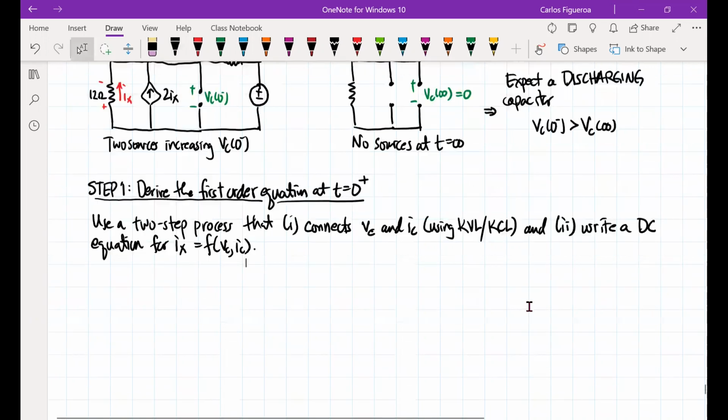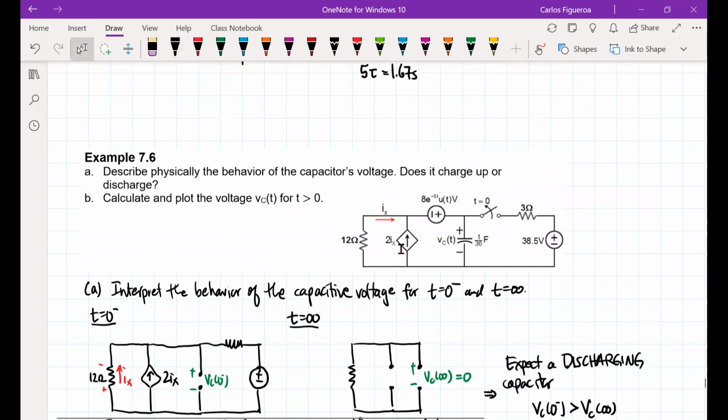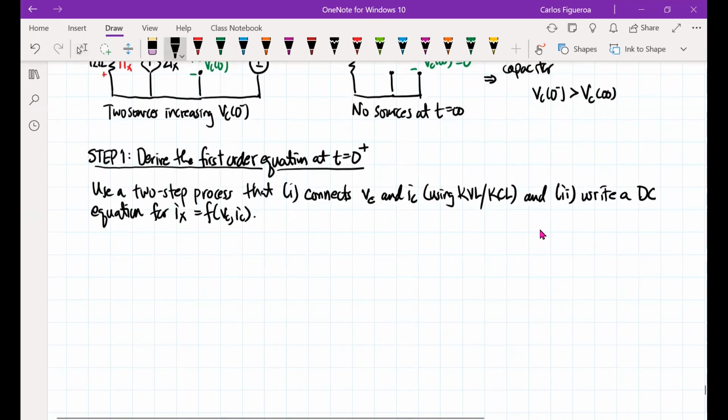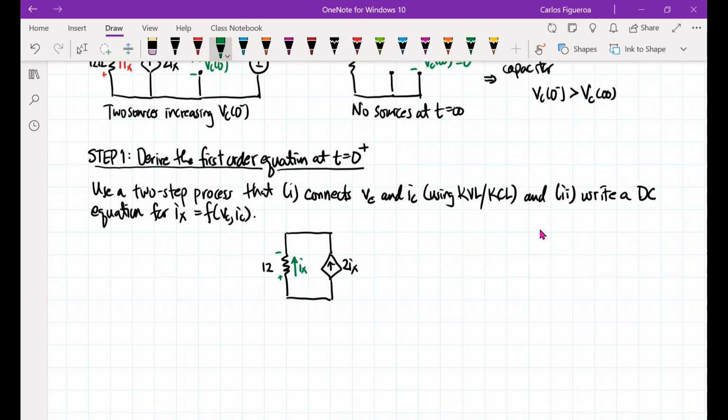So let's do that. If I look at my circuit here, you could see that I don't have the 38.5 and 3 ohm resistor. So my circuit looks like this. I have a resistor here. That's going to be my 12 ohm. Then I have my dependent source, which is 2Ix. And you're seeing here that this is Ix right here. So Ix is the current through the 12 ohm resistor.